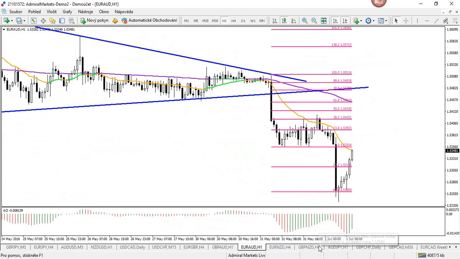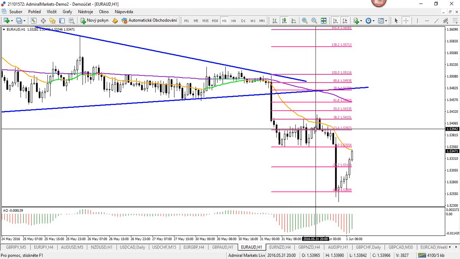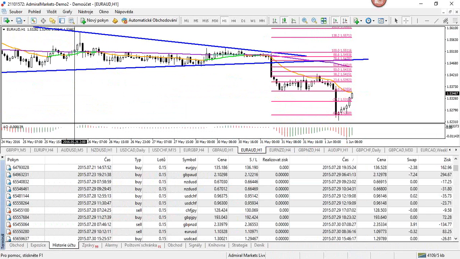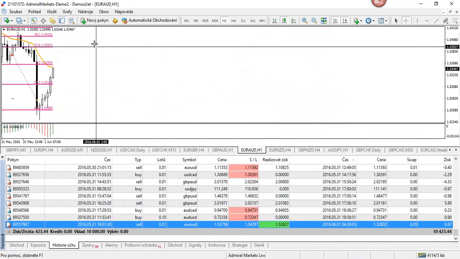All right, that was a trade I took yesterday too. That was a swing trade. Made 93 pips. Let me show you quickly here.